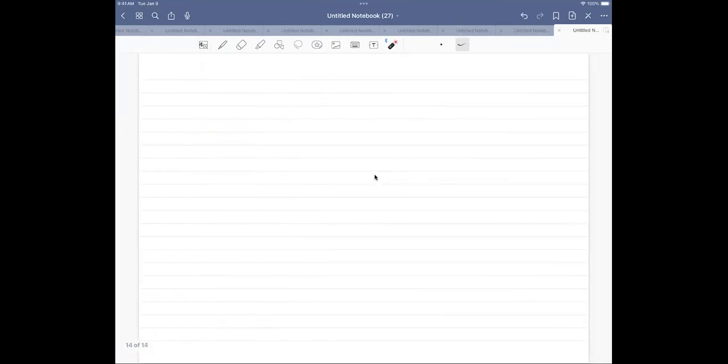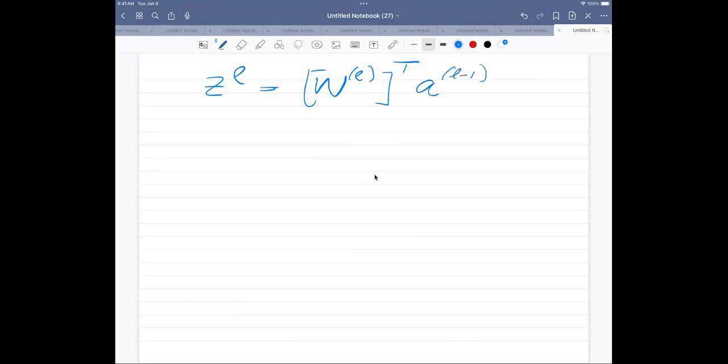So you can set this up in a matrix vector formulation where you have a z of L, which is now given by this matrix for layer L. And this contains a matrix which needs to be transposed the way we wrote it. And then it's multiplied with the output, which is now given in terms of a vector from layer L minus 1.